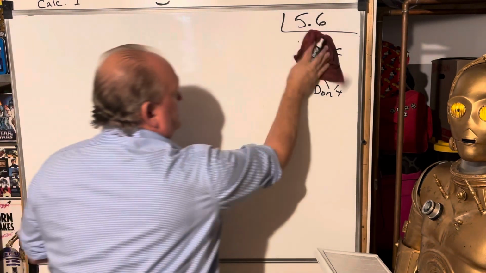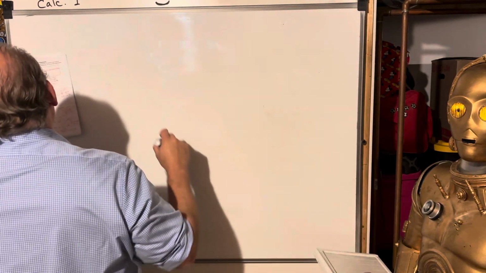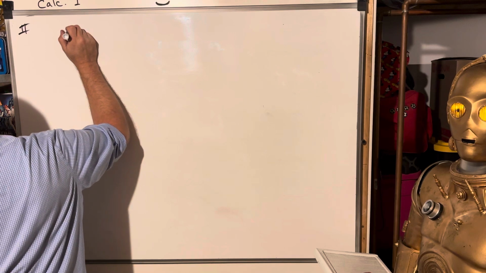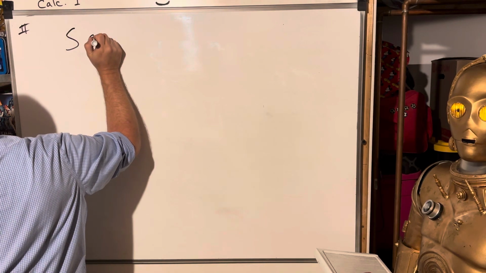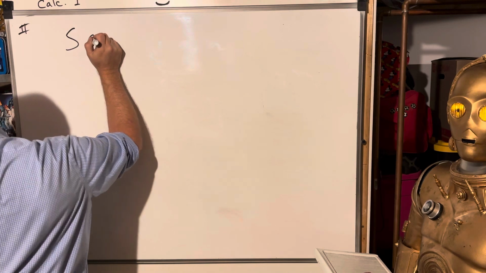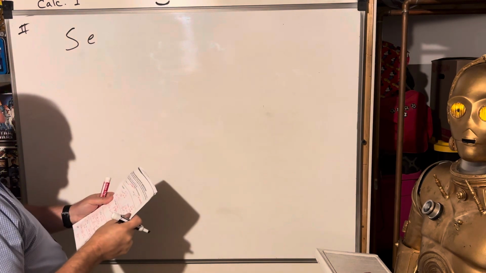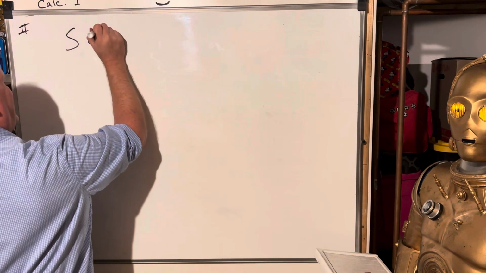Let's look at the next one. Number 2, we have e to the 5x plus 1 dx. Man, that's tiny.